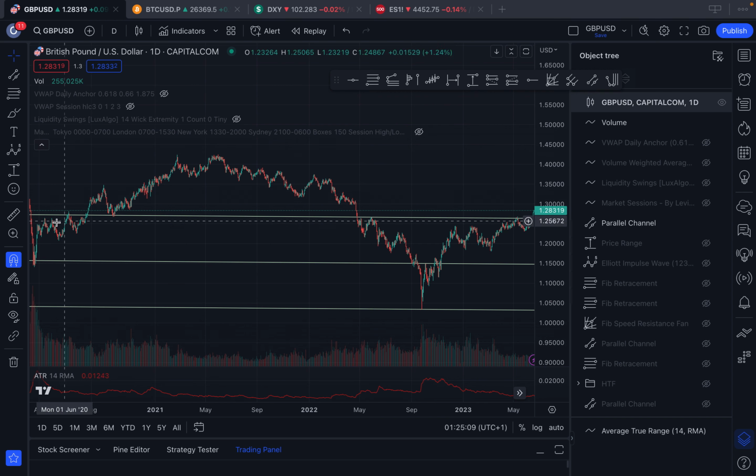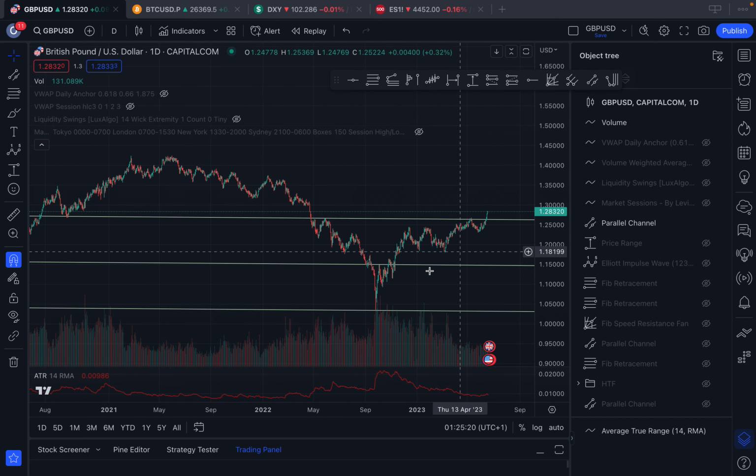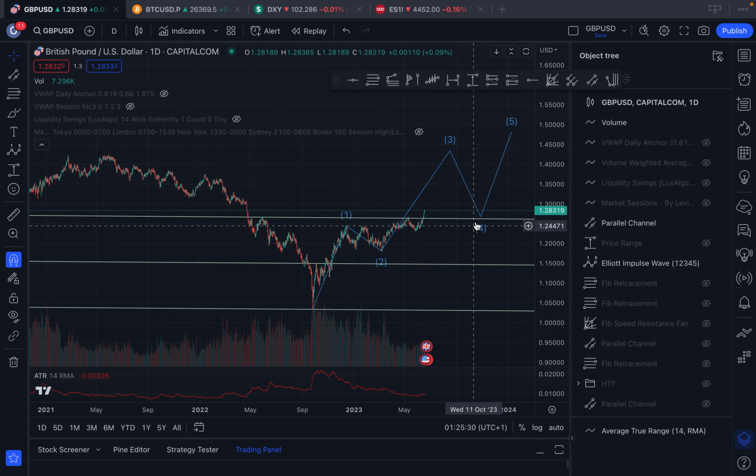Even over here, you can see resistance went through it, support went up, and again we turned that same level into resistance. Resistance went back down, resistance again went back up. So theoretically, we've gone above this range now. And my point with the Elliott wave was that if we were to do that and then have wave 4 come down, it works out perfectly with this range, which I hadn't even drawn yet.